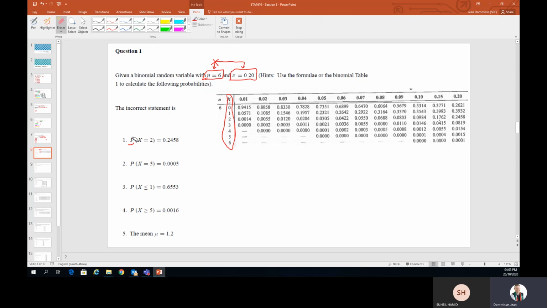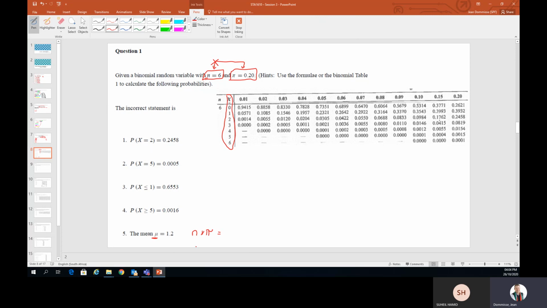The other thing they can ask you is to work out the mean or the variance. Again, you don't need to remember that off by heart. The mean is n times the pi value, so that is what your mean will always be.